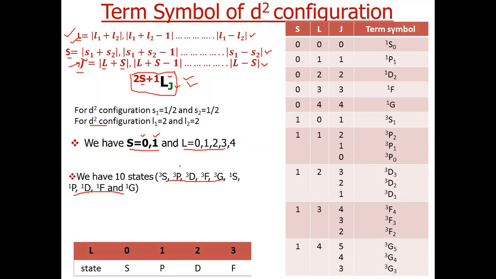But in today's lecture, we have to find the term symbol for a d2 configuration when the atom is in its ground state. Now, what does that mean? We will learn about the meaning of atom in ground state and ground state term, which are two totally different terminologies.